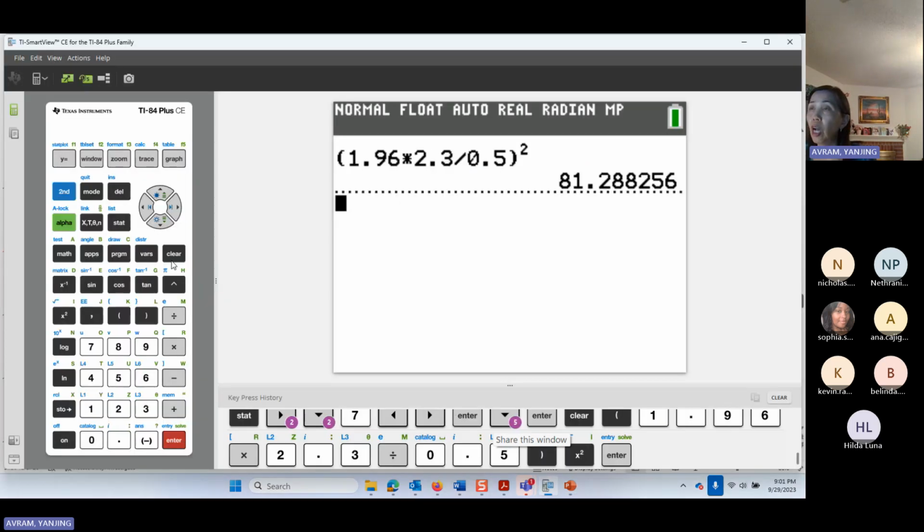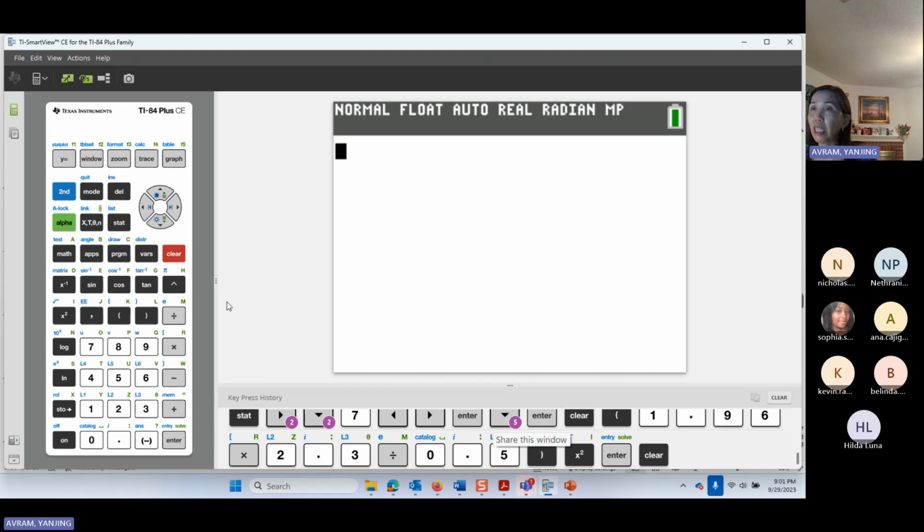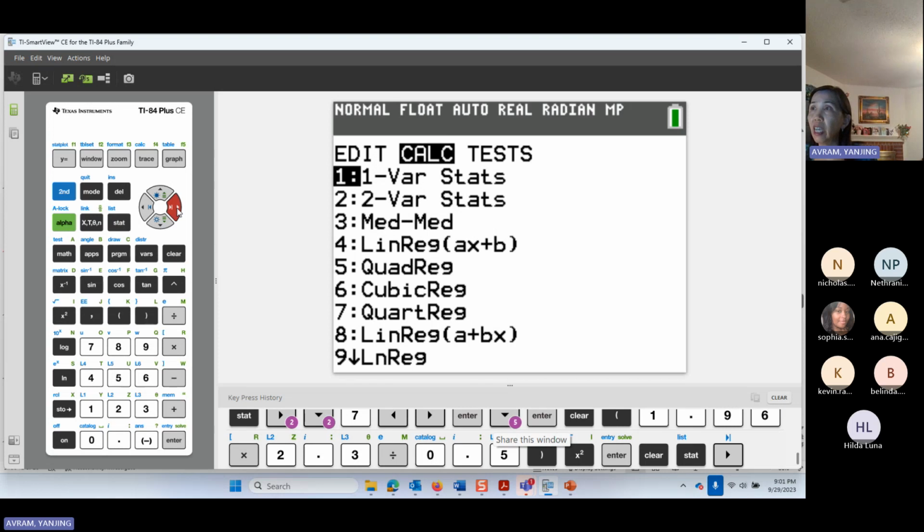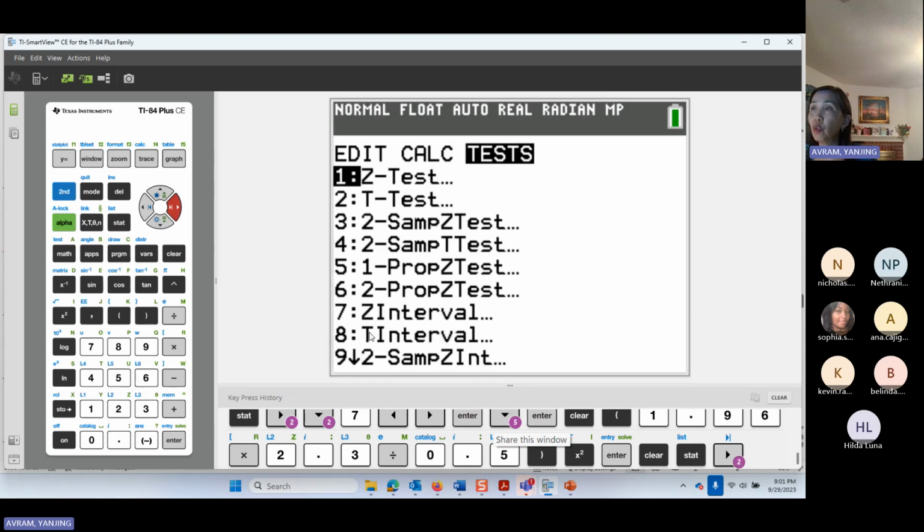All right, so how do I find the entire interval by the calculator? Well, go to stat and then test. And then remember, this time is choosing number 8, the t interval, okay? This is the one you have to make a decision on. The calculator won't tell you. You are the one who has to choose the correct interval.